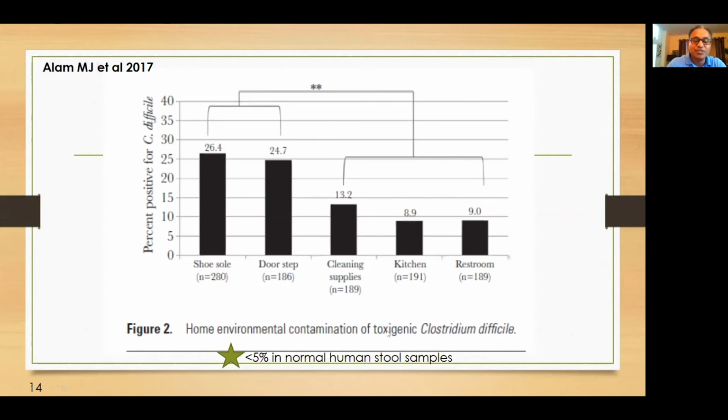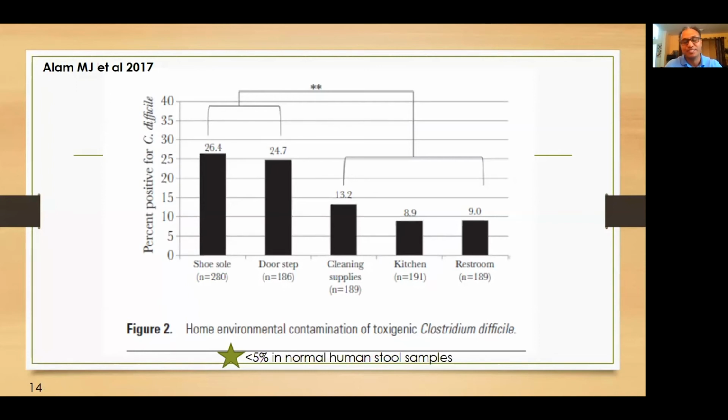Here I should mention that these are grossly contaminated environments, because if we compare it with our normal human healthy people's stool sample, we can find only less than 5% samples positive for Clostridium difficile. So compared to normal human stool, the contamination level of these environments is much, much higher.